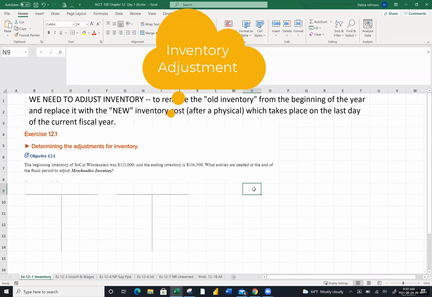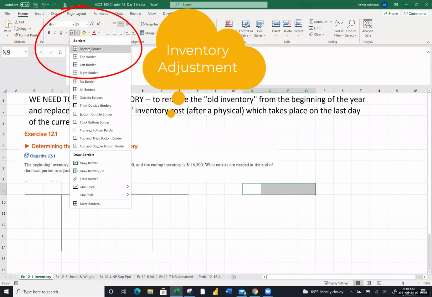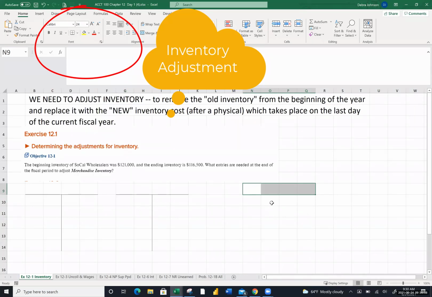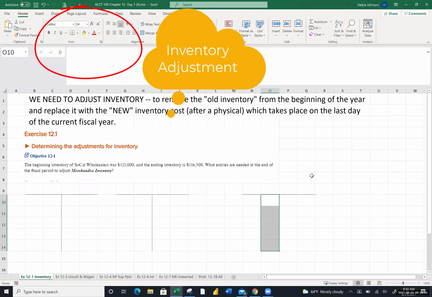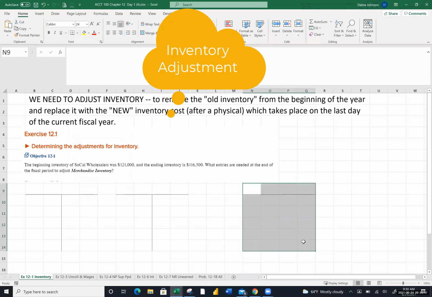If you highlight a couple of cells, pick the bottom border, then highlight the middle area and click a right border. That's how you can make a T account. I know some of you take notes by hand, and that's okay too. Once you get that, you can copy it and paste it so that you have two T accounts.